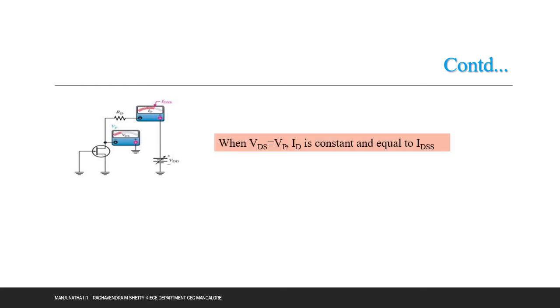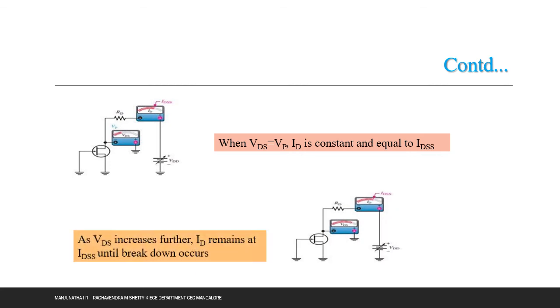When VDS is equal to VP, here VDS reaches VP, the pinch-off voltage. So at the pinch-off voltage, we know that the drain current is maximum and it is saturated. The drain current is equal to IDSS. Next, same active region only.